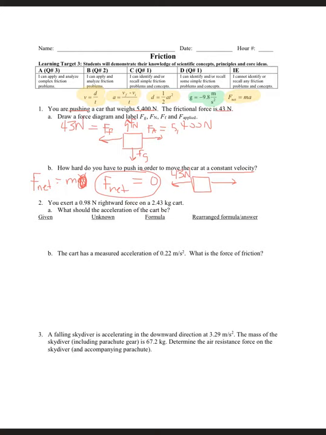Well, basically, my forces have to cancel out. So I have to have a force in the opposite direction of the same size as my frictional force. That means my applied force, F applied, would have to equal 43 newtons.